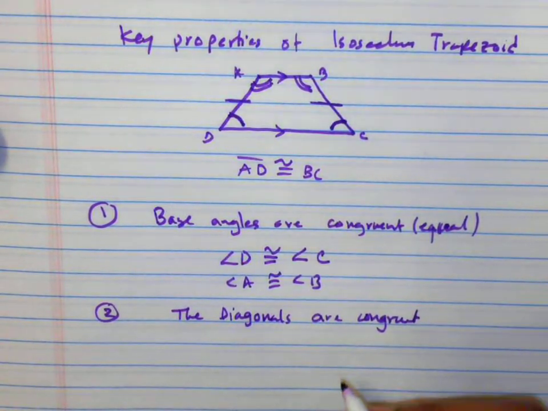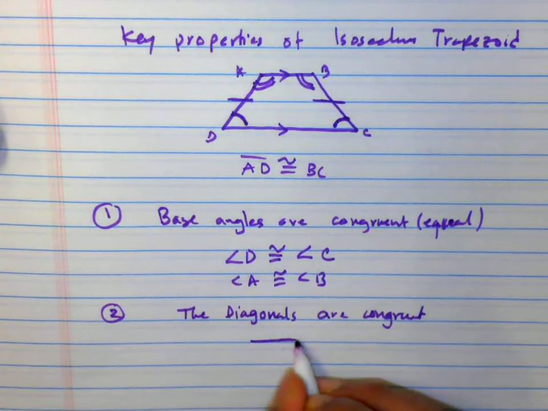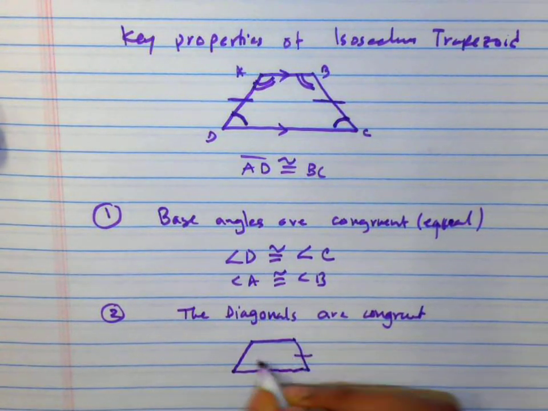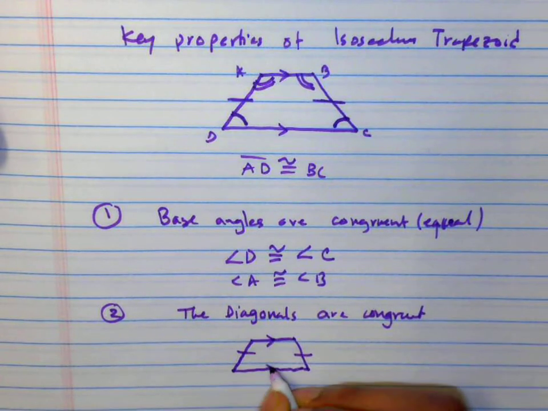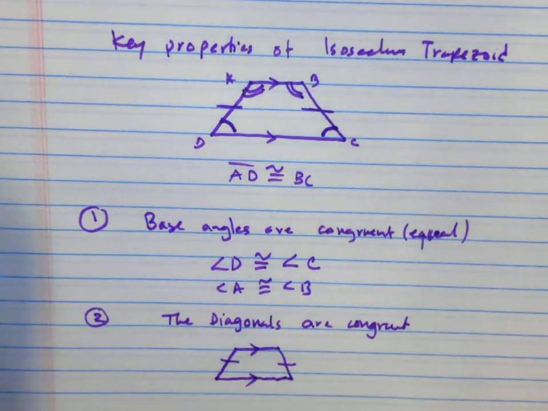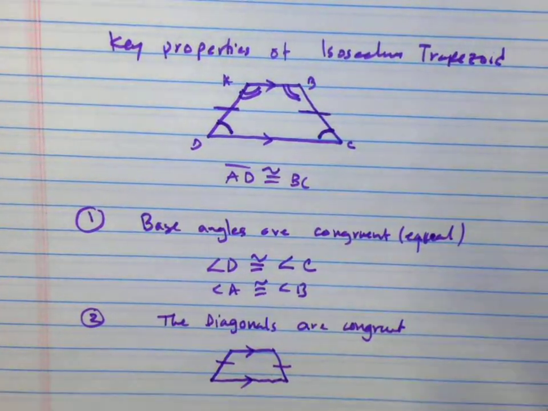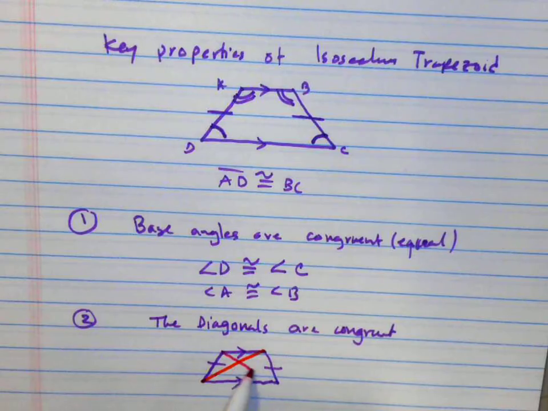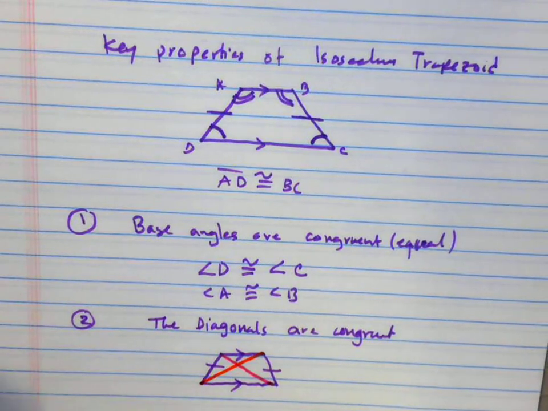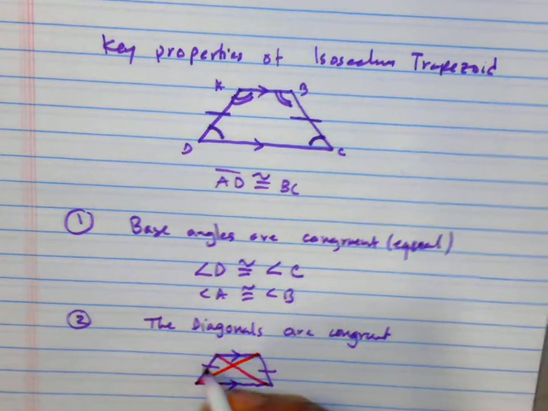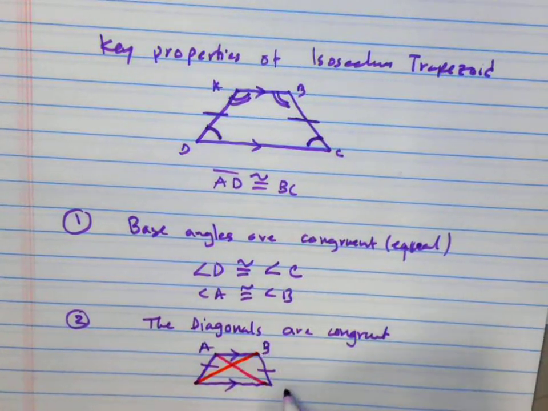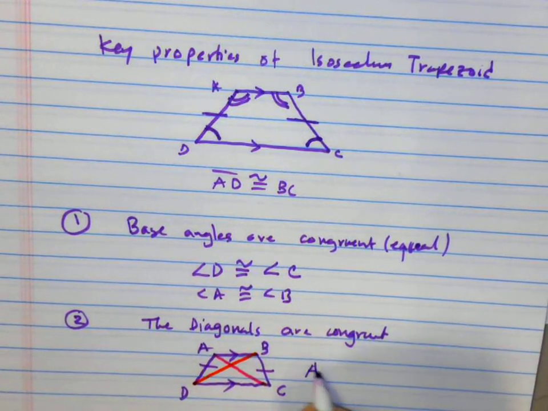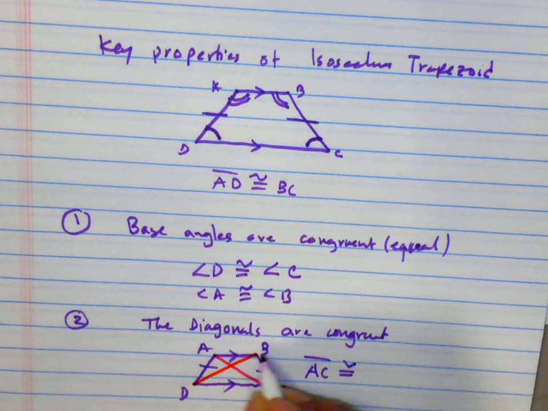What that means is if we draw an isosceles trapezoid, this side is congruent to this side, and this is parallel to this, then if you have a diagonal from this corner to that corner, and from this corner to that corner, these two diagonals are congruent. So let's call this A, B, C, and D. That means that AC is congruent to BD.